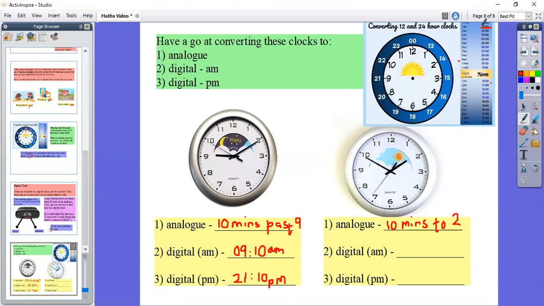Let's go for the AM time. Oh, actually, it's not quite 2 o'clock, so I need to go to the 1 up here. Because it's not quite 2 o'clock, and I know the hour before 2 o'clock is 1 o'clock, it would be 01, and then think about my minutes. How many minutes is this on? It's on 50 minutes.